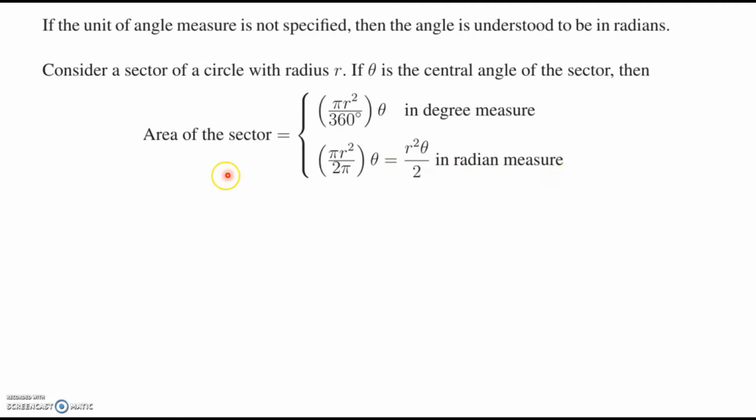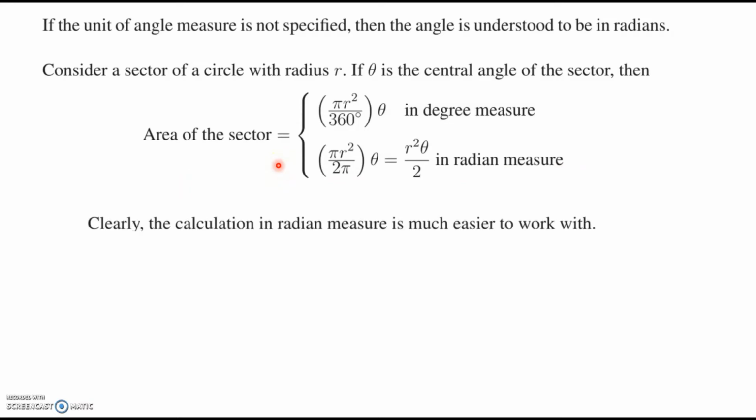So this is used when you are asked to find the area of a sector of the circle. Clearly, the calculation with the radian measure is much easier to work with. This is very evident from these two formulae.